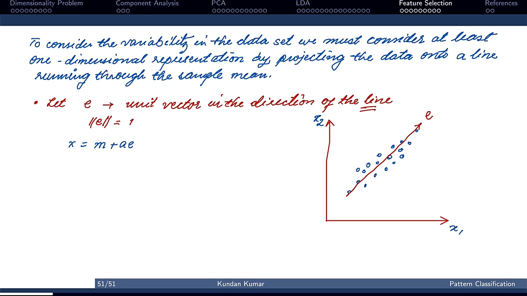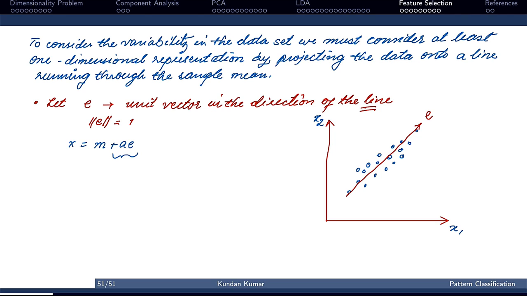Just notice here we have an additional term which is basically the one dimensional vector. In the previous case we had x equal to m, that was the zero dimensional representation, where the variation was not there.